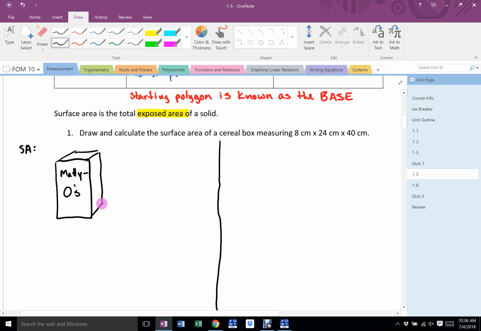There's the cereal box. Now, who decides what the base, the length, the width, and the height are? Who makes that decision? It's not a trick question.